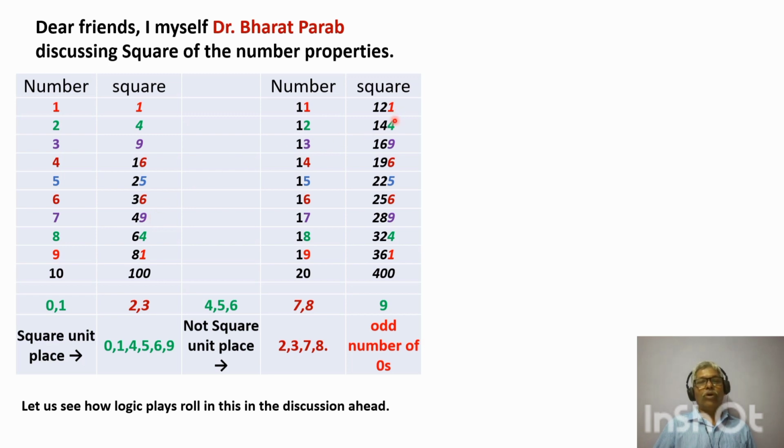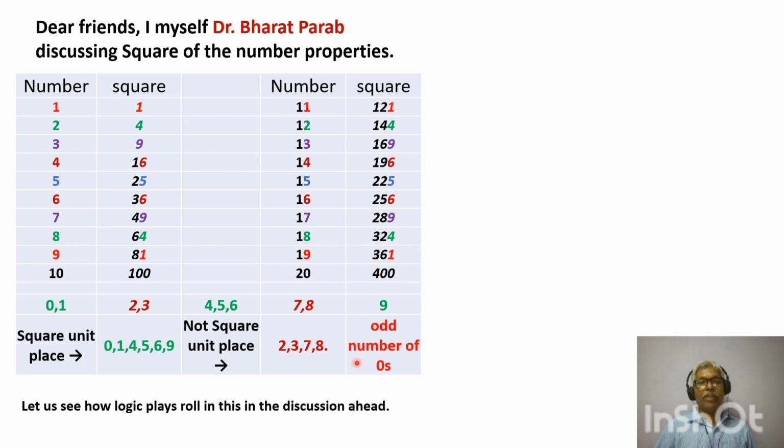They never contain 2, 3, 7, 8. So if a number ends with 2, 3, 7, 8, then it is not going to be a square number.